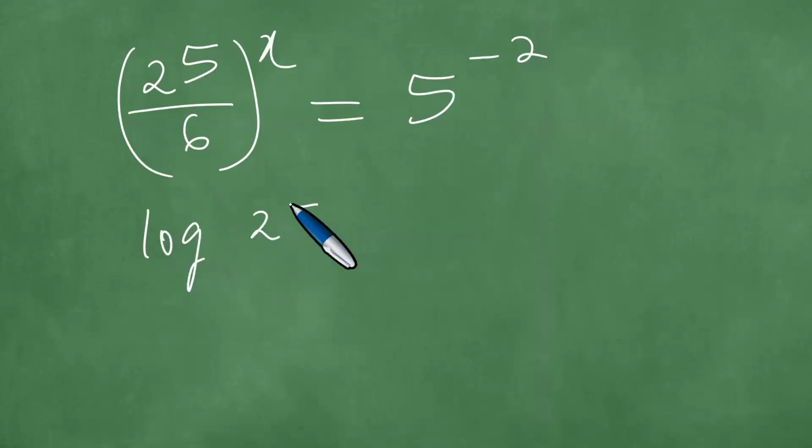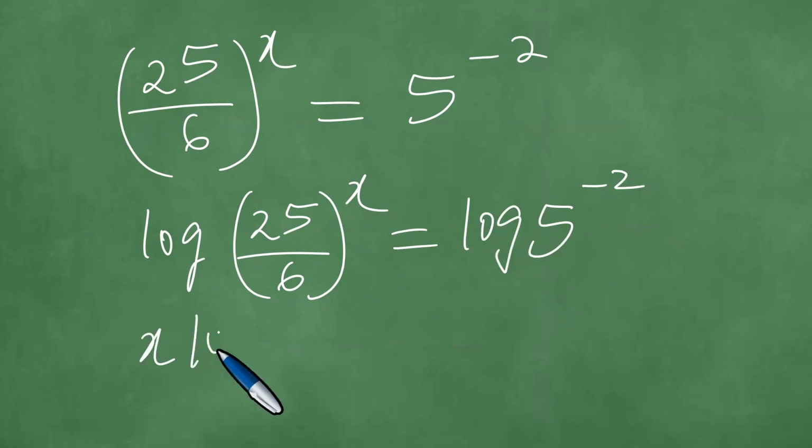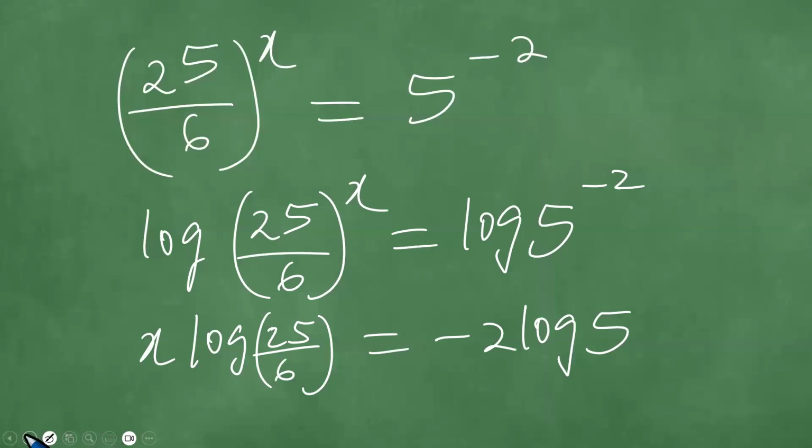Right, we apply the common logarithm on both sides, on the left, the common logarithm on the right, which means you have x times the log of 25 out of 6, which is minus 2 times the log of 5, dividing by the log here to solve for x.